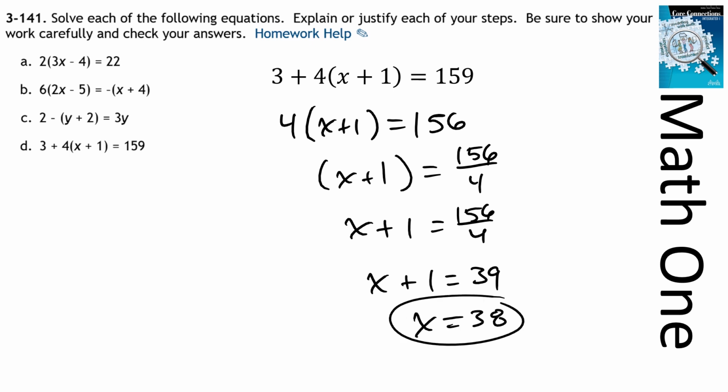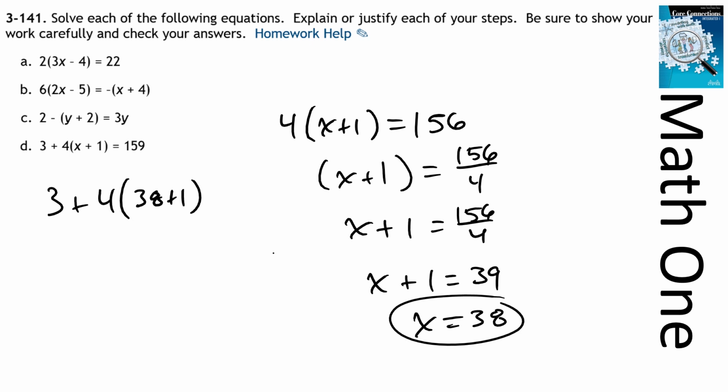So 38 should make this true. If I look at 3 plus 4 times the quantity of 38 plus 1, that's 3 plus 4 times 39. 4 times 39, I believe, is 156. 120, 30, 40, yep, it is 156.